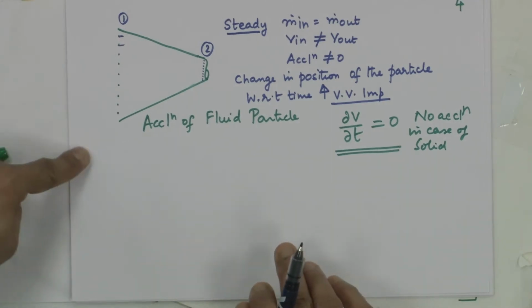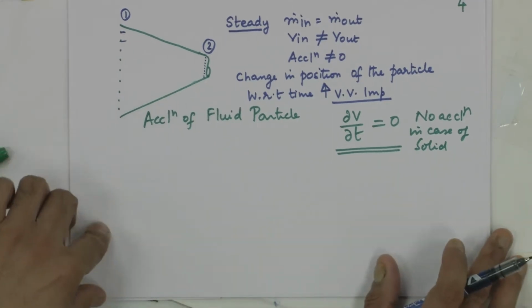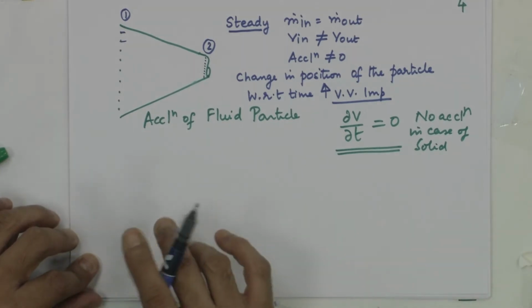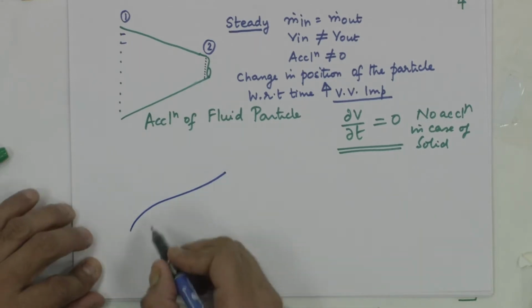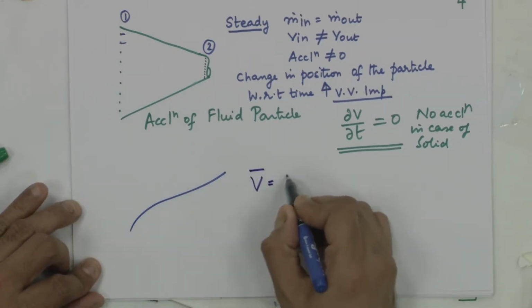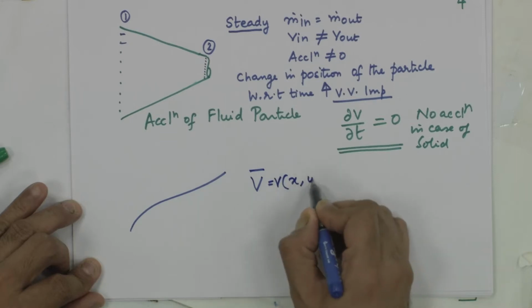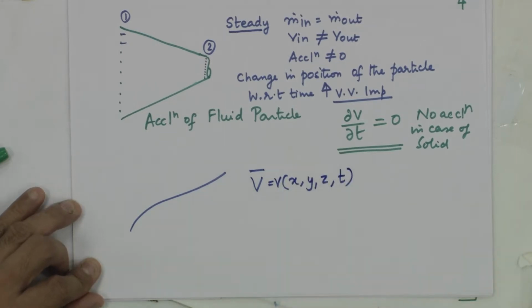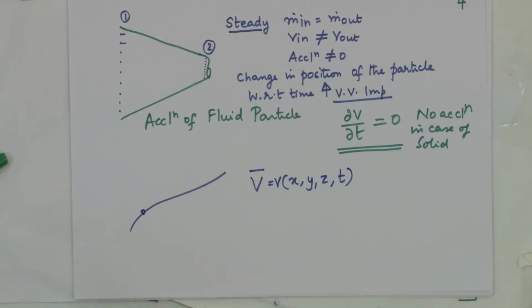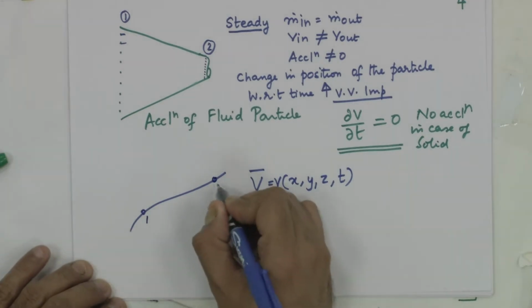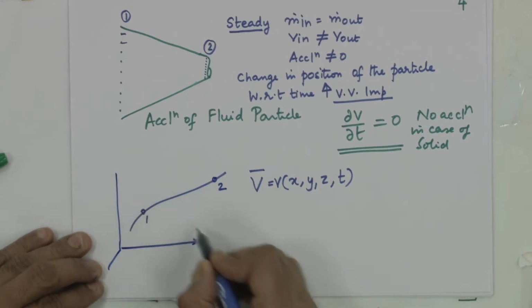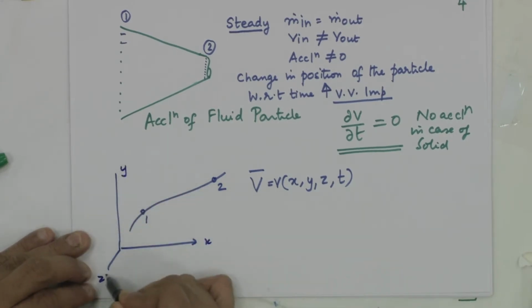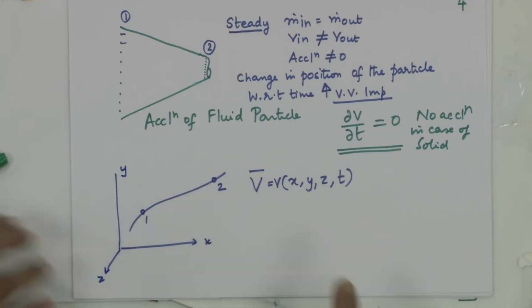But we are definitely sure that there is an acceleration here, and that is what is seen from this derivation that we are going to do. In any flow field, velocity is a function of x, y, z and t. So, I could have a particle which goes from position 1 to position 2, with respect to coordinate axes x, y and z, and this could be in a random plane.